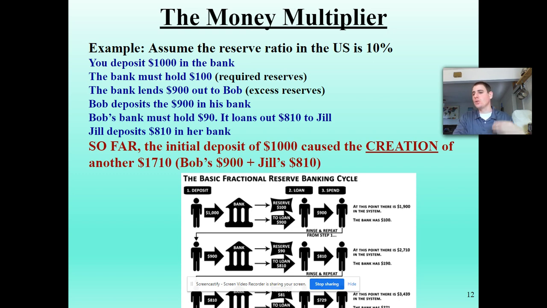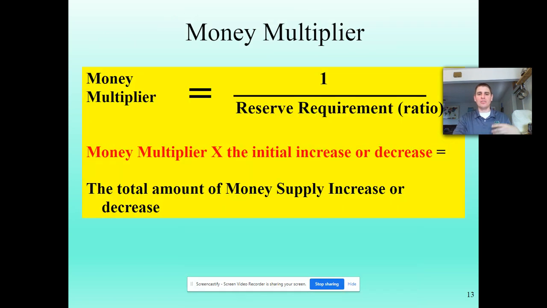So we're creating new money. The money supply increases. Well, how do they do that? Well, it's by manipulating the reserve ratio. So here's our formula for the money multiplier. Remember, the money multiplier was multiplied by the initial increase or decrease in demand deposits, the reserve ratio. The total amount of money supply increases or decreases.